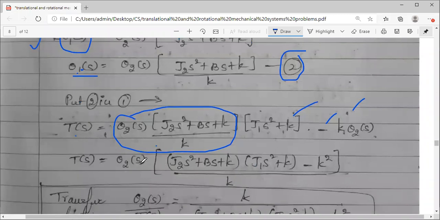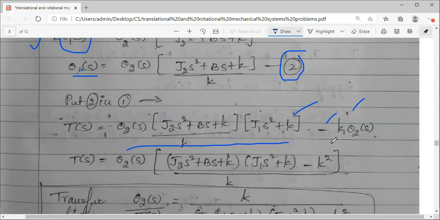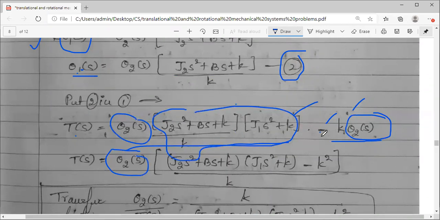I want theta 2 by T, because that is the output by input. So if you observe in this first term, this complete value is your first term minus second term. In both the terms, theta 2 is common. So take out theta 2 common, you will be left with this complete term minus k. And if you take the LCM, this k will be multiplied here.